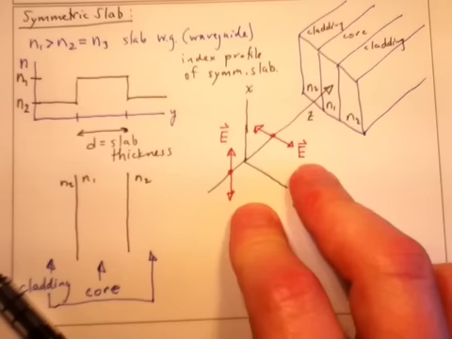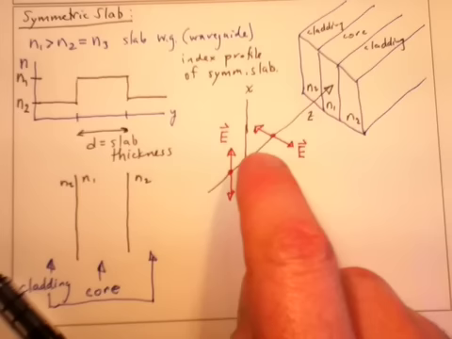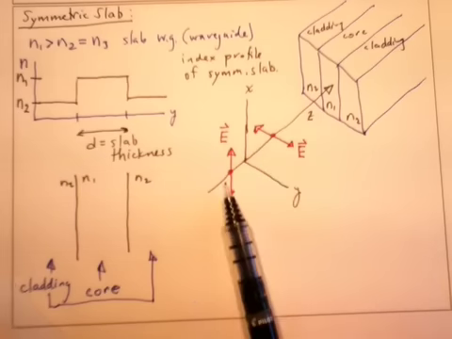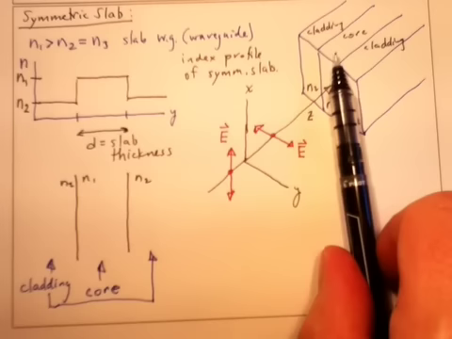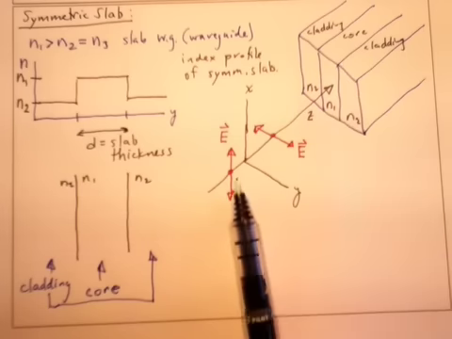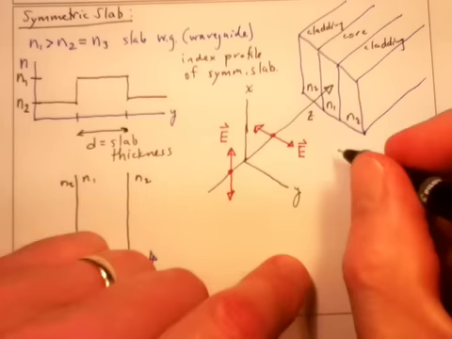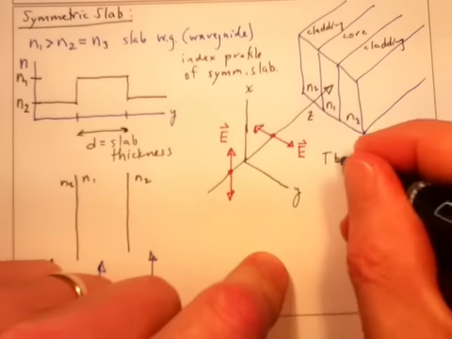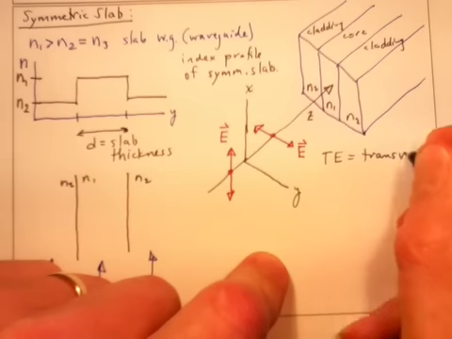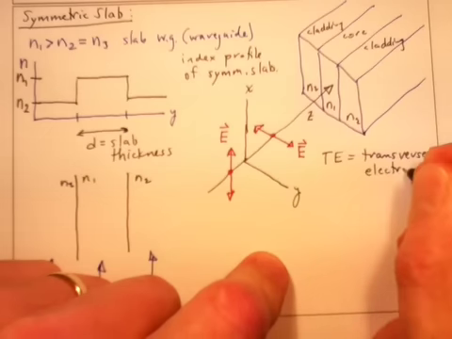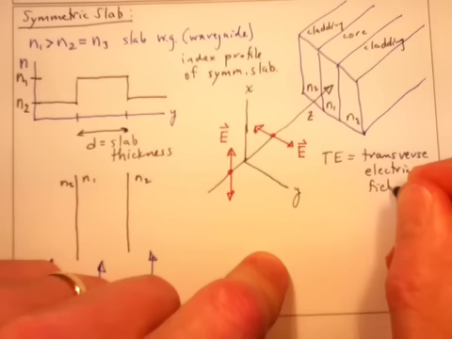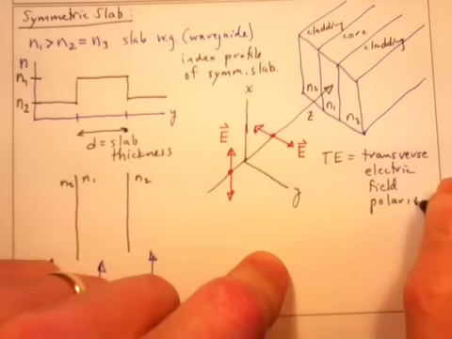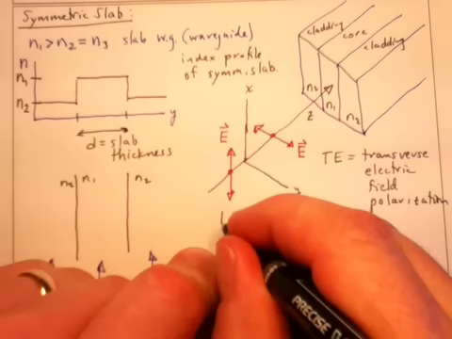And the polarization in which the electric field is parallel to the slab is called the TE, the transverse electric field polarization. And this is called the TM.